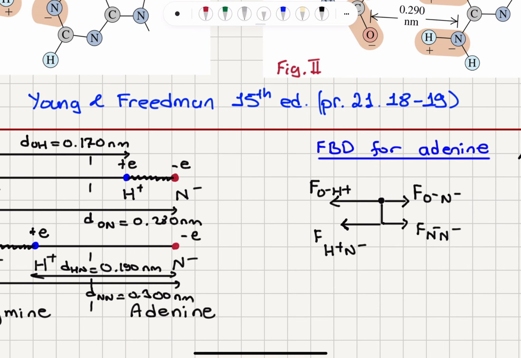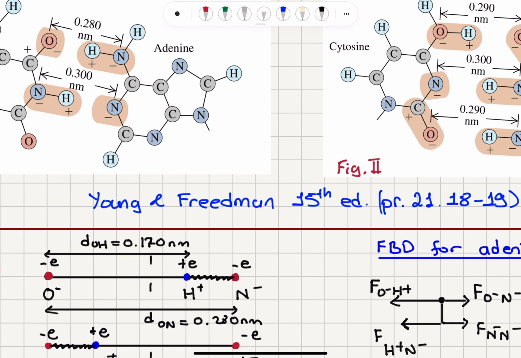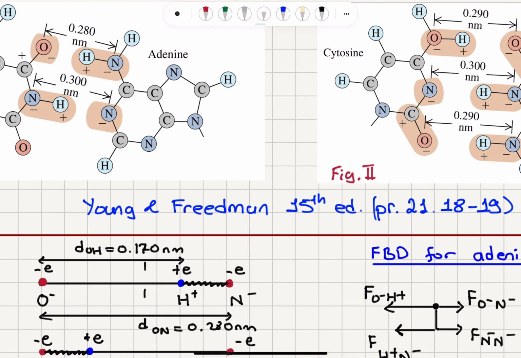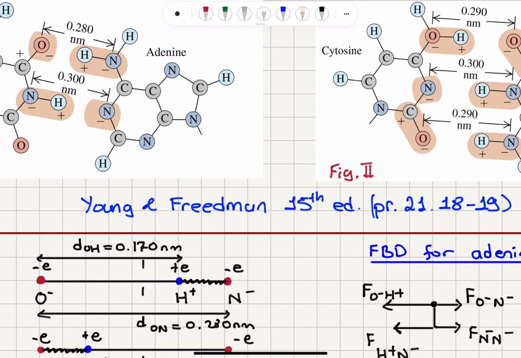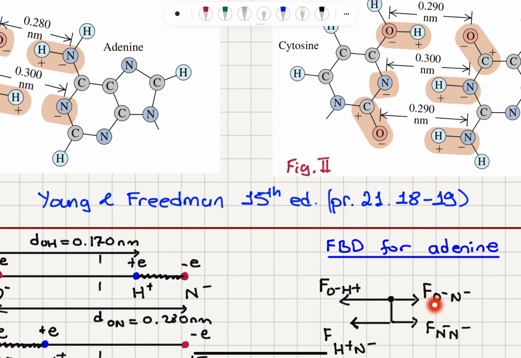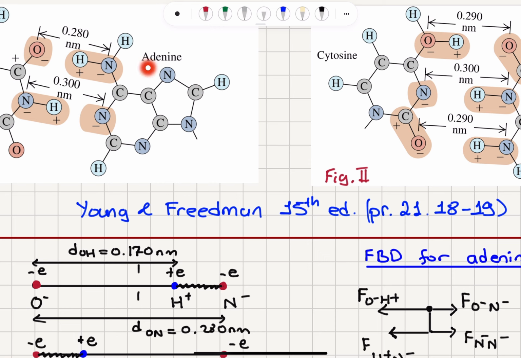So if I draw a free body diagram for the adenine molecule, considering the interactions of these parts with O minus and nitrogen minus, hydrogen plus. This O minus exerts an attractive force on H plus, so there is a force pointing to the left, the O minus H plus force, and the O minus nitrogen minus interaction is repulsive, so there is a force pointing to the right on the adenine molecule.